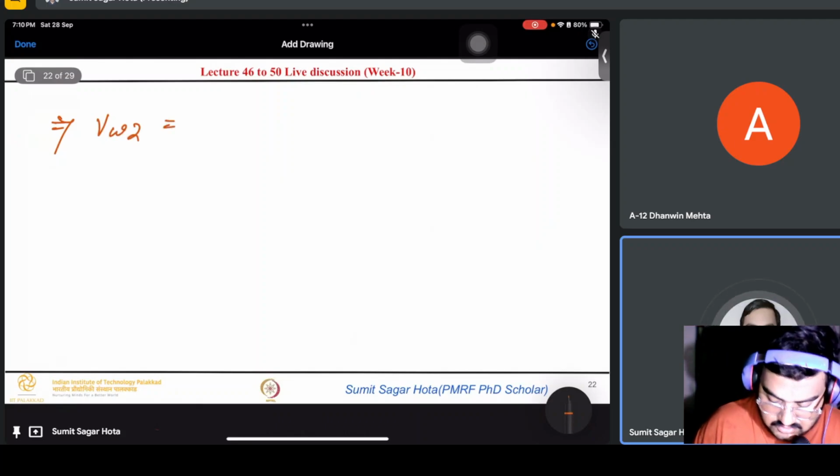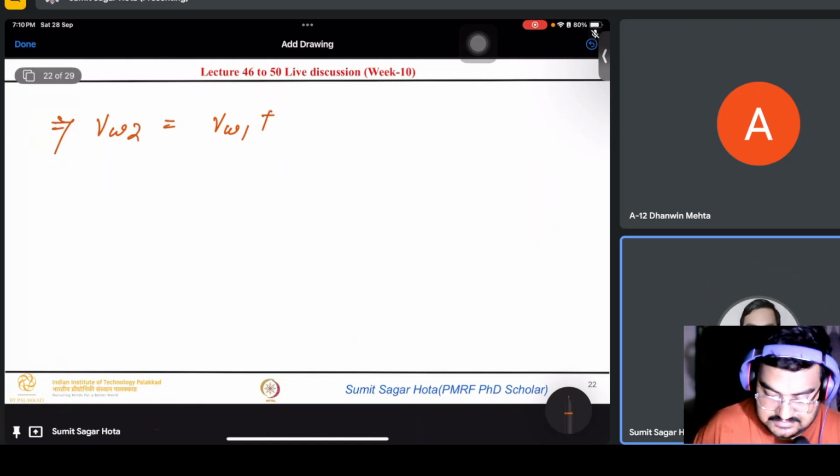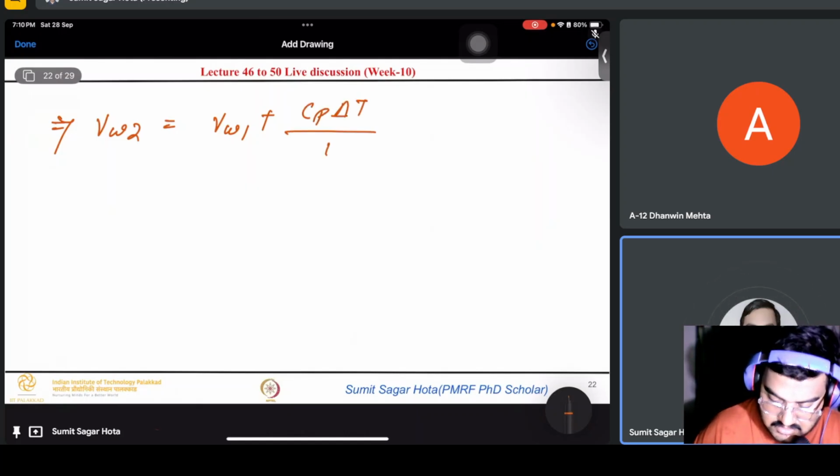What is Vw2? Vw2 is equal to Vw1 plus Cp delta T divided by U into eta m.